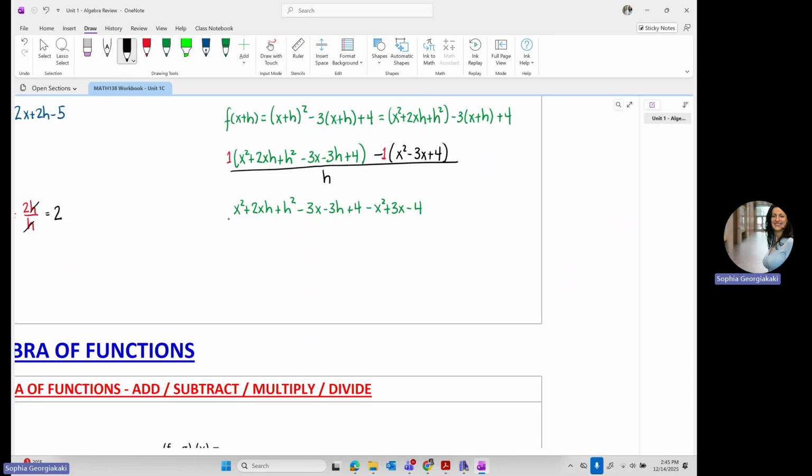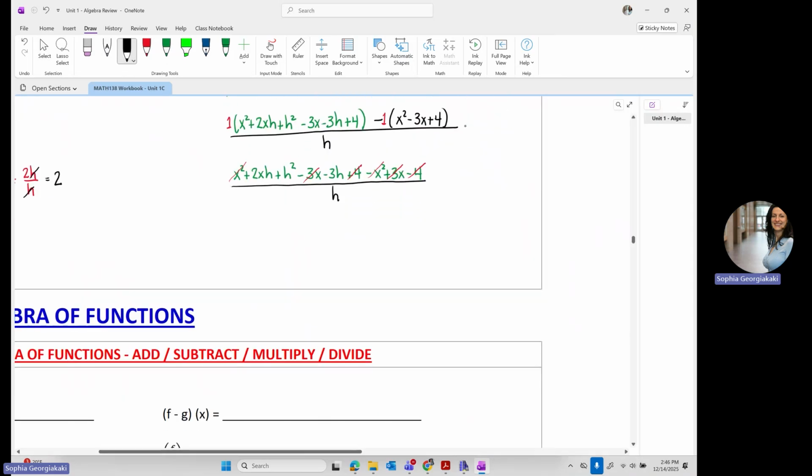In the bottom, I have h. If I have done a good job, anything that does not have h will actually cancel. So this x squared that is positive will cancel with this x squared that is negative. This negative 3x will cancel with this positive 3x. And this positive 4 will cancel with a negative 4.